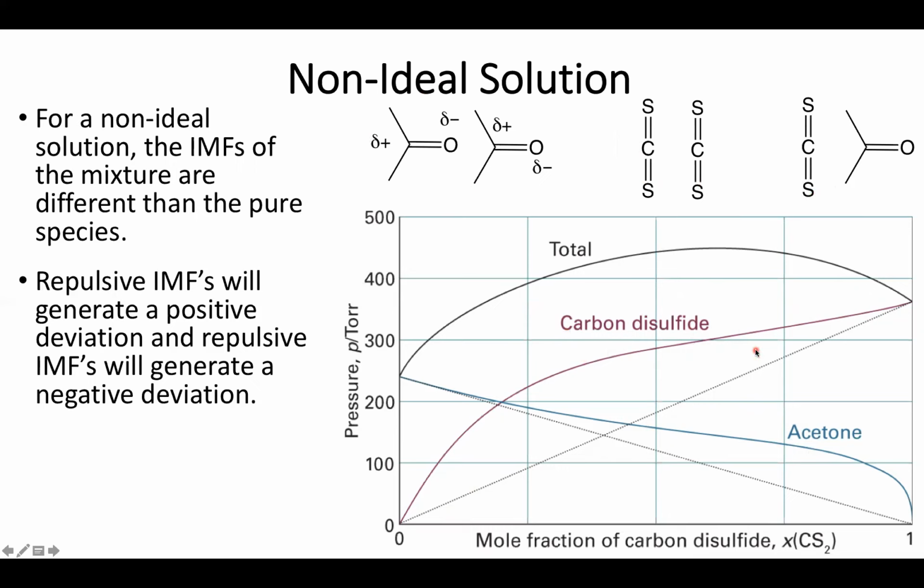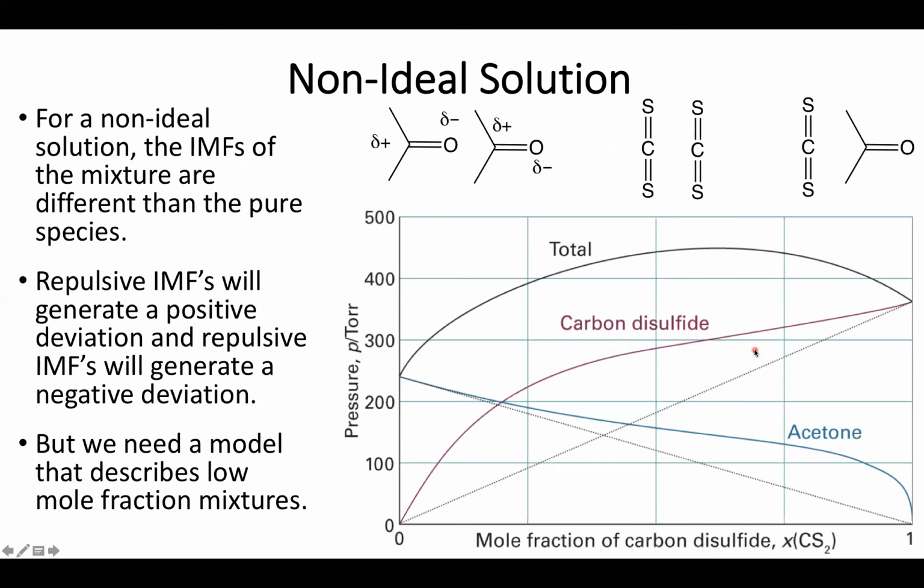The system's more likely to evaporate. And if I have a system where the IMFs are more favorable for the mixture, we're going to see a negative deviation. And that essentially the vapor pressure is going to be lower than would be expected from Raoult's law, essentially saying that the system doesn't want to evaporate, which we'll look at a case like that in a little bit.